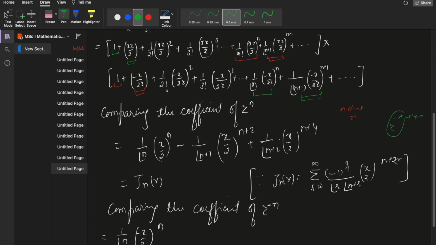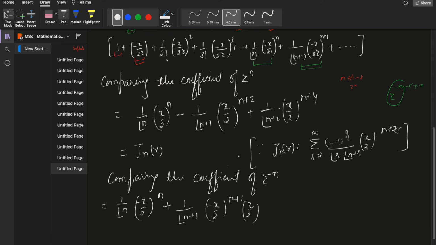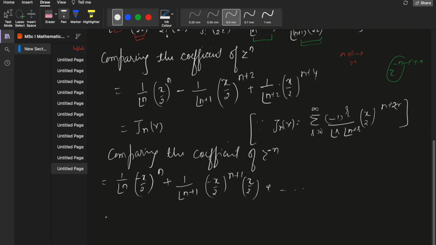This will give me again z to the power minus n. So we can write plus 1 upon factorial n plus 1, minus of x upon 2 to the power n plus 1, x upon 2, and so on. So just modify this equation.